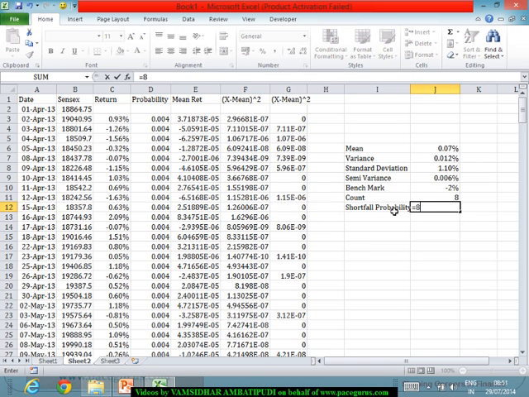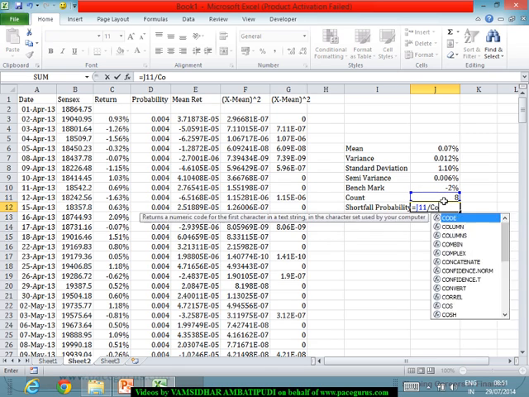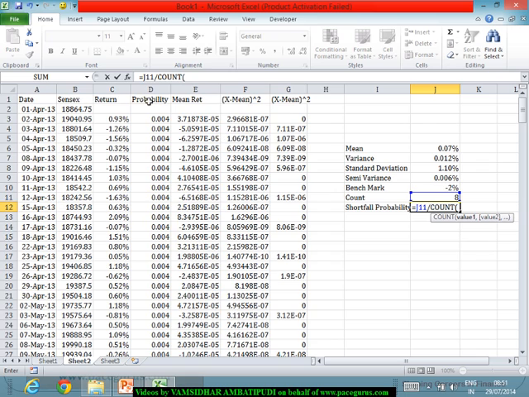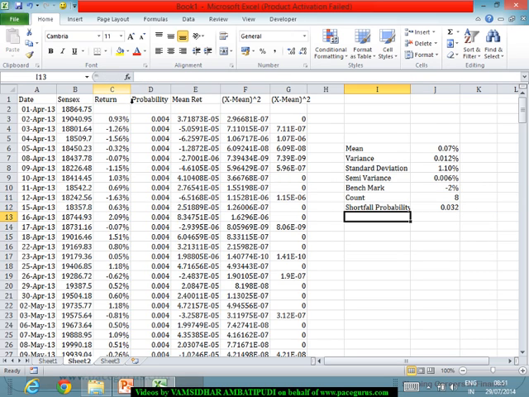How many is 8 out of the total? What is the total for me? I have observed so many days and 8 of them are falling below this. So the shortfall probability in this case, expressed in percentage form, results in 3.2%. It means 8 observations have a return value lesser than the benchmark.